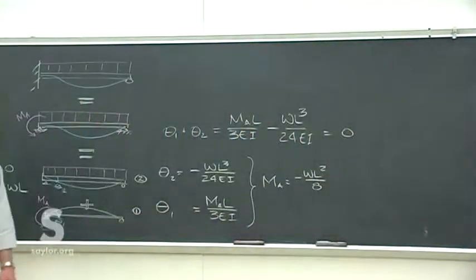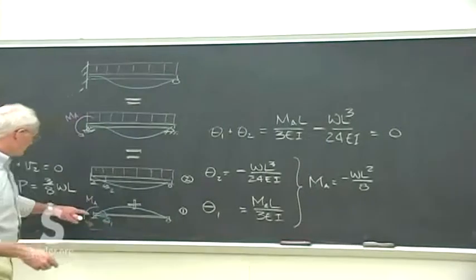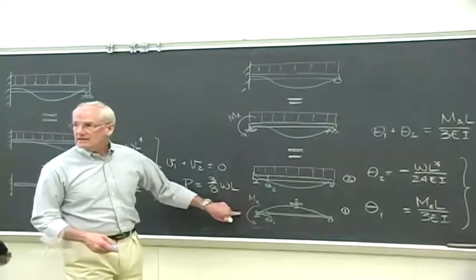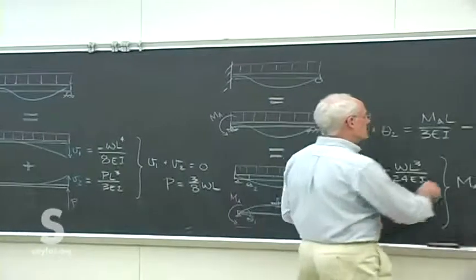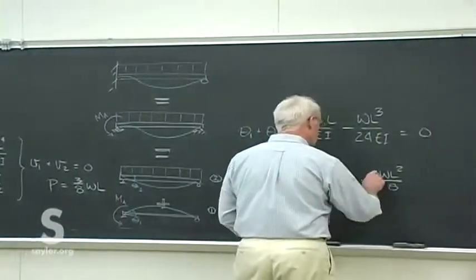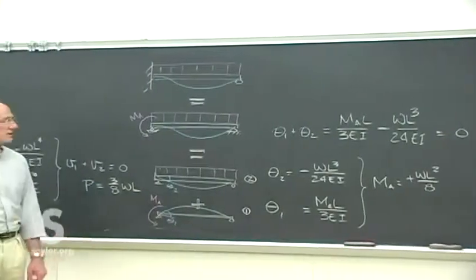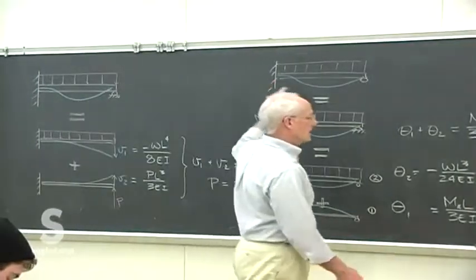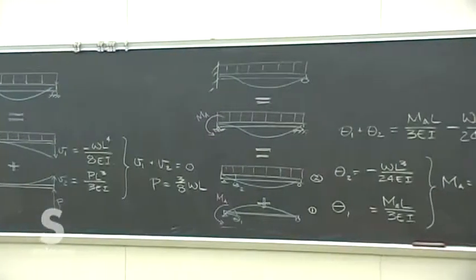And those two have got to add to 0. Right, and then we move the WL cubed over, it's positive. So the negative goes away. Okay. Yeah, you're right, because we don't need this in a negative sense. We've already got the proper sense to it. So, yeah, this would be a positive then. All we need is the magnitude. We already know the direction. We already know the direction of a moment at a cantilever wall.